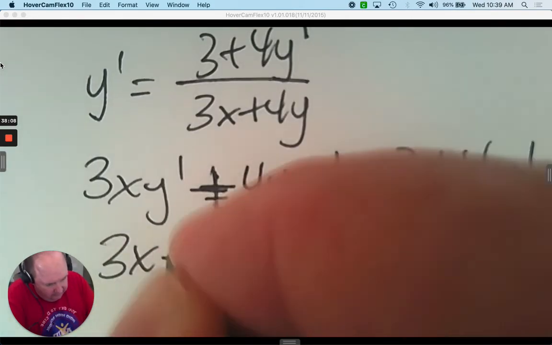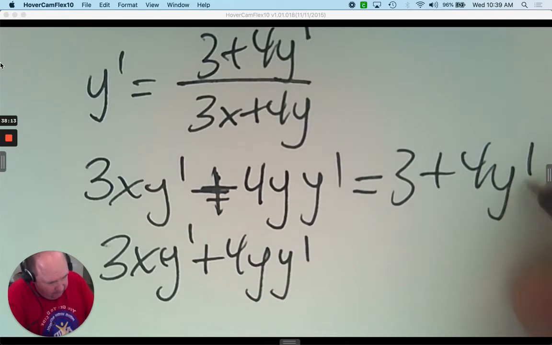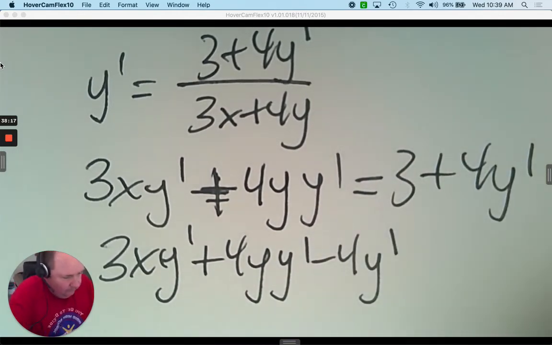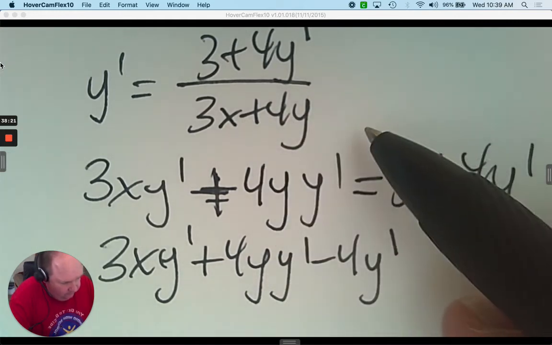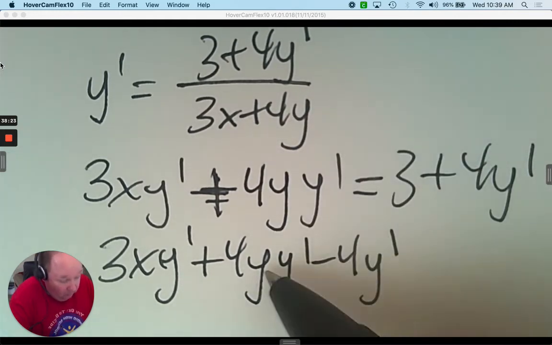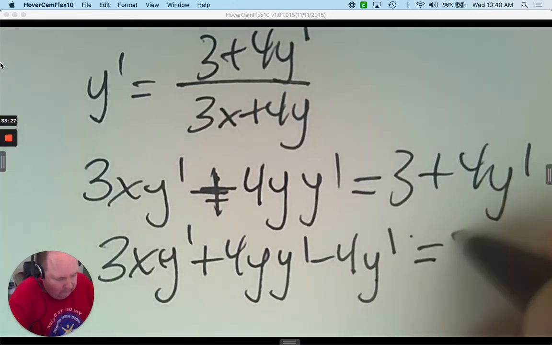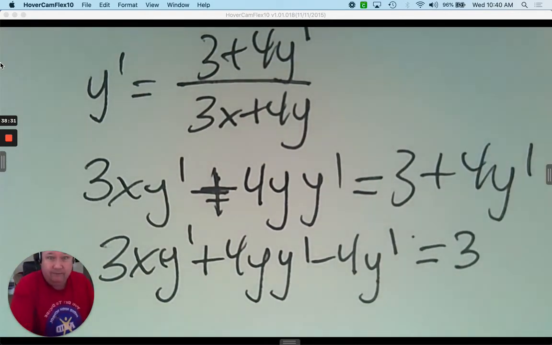So we got 3x y prime. We have 4y y prime minus 4y y prime. Is that right? For y prime minus 4y prime. Totally different terms, all right? Just took a second there. And then I just have 3 by itself.